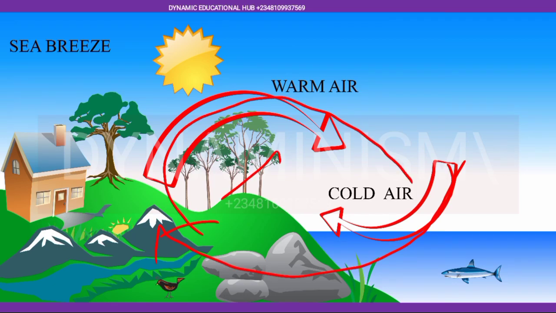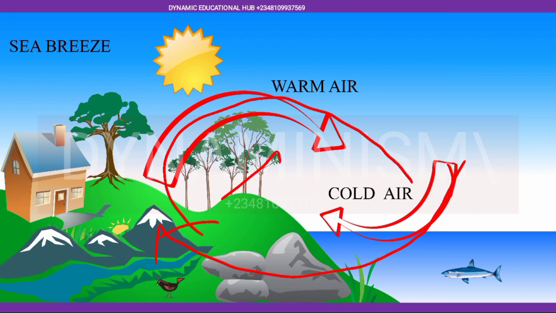So if you are close to the sea, you start receiving that breeze, that's convection. That is why we see people going to the beach in the afternoon just to cool their body.